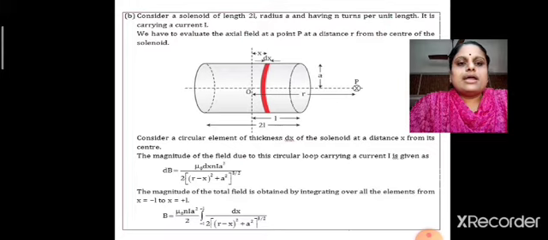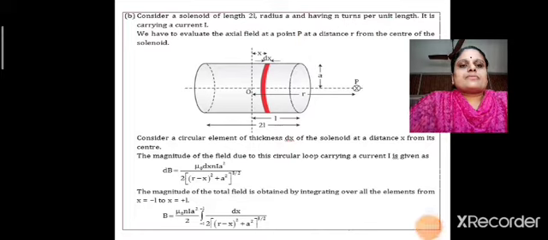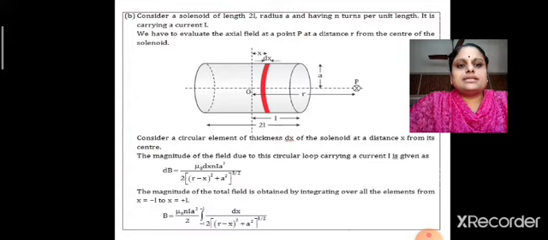Here, small n represents the number of turns per unit length and dx into small n represents the number of turns in the thickness dx. Taking the length of the solenoid from minus L to plus L, we can integrate the above expression and get an equation for magnetic field B. So here μ0, n, I, a² and 2 can be taken outside.